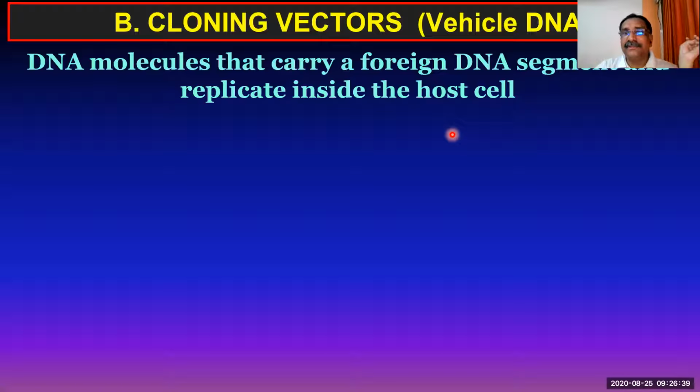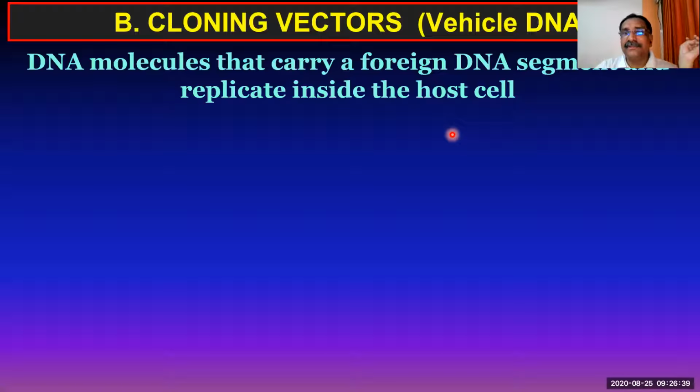Like all other DNA, this DNA can also divide, but this division is not controlled by any other DNA. The bacterial DNA is the brain of this bacterium, but it has no role over the division of this DNA. That is why we say it is autonomously replicating. So the point to remember: plasmids are extra chromosomal DNA of bacteria.